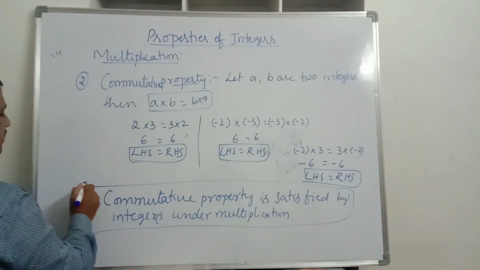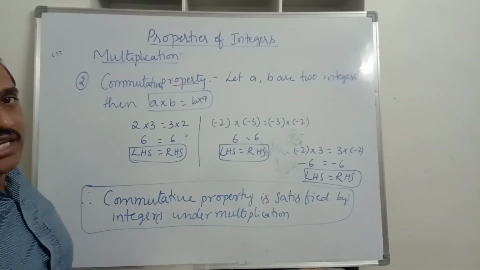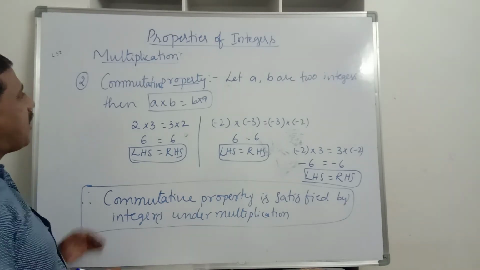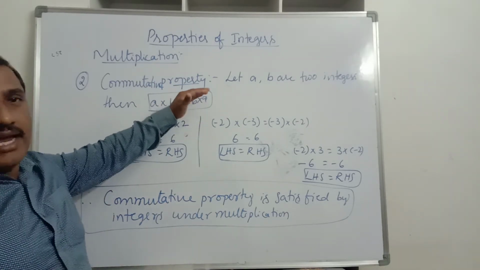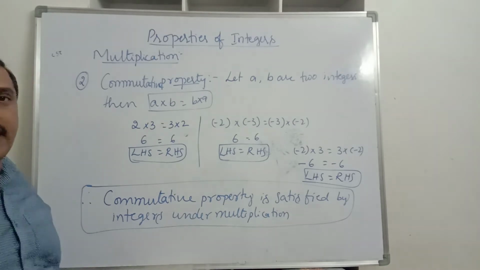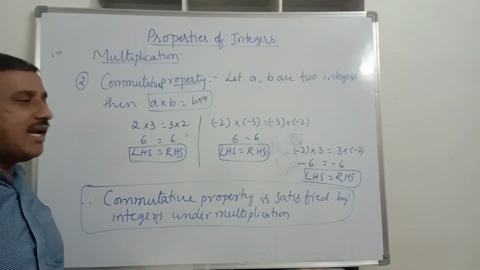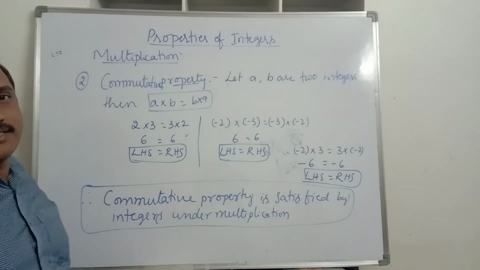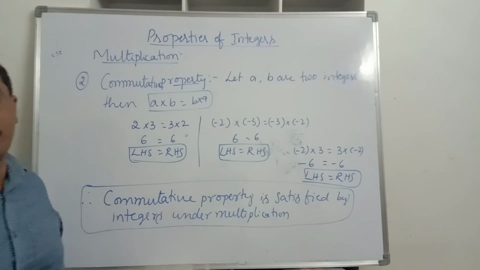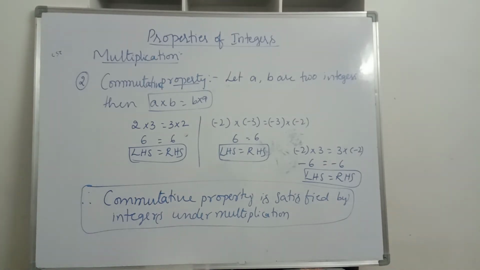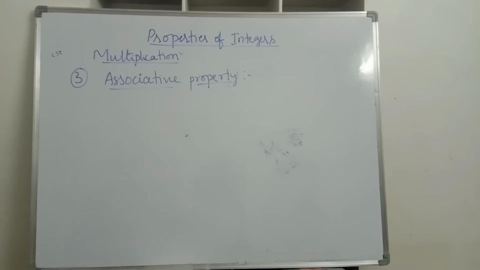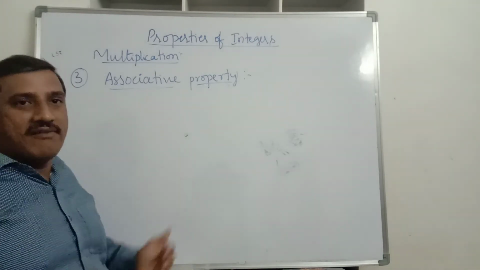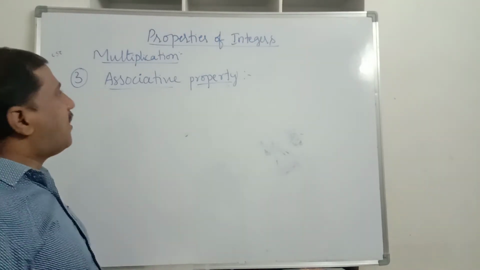So next we will discuss the third property, it is associative property. So commutative property, what is the statement? Let A comma B be two integers, then A into B is equal to B into A. It is satisfied by integers under multiplication. Now the associative property we will discuss for integers under multiplication.